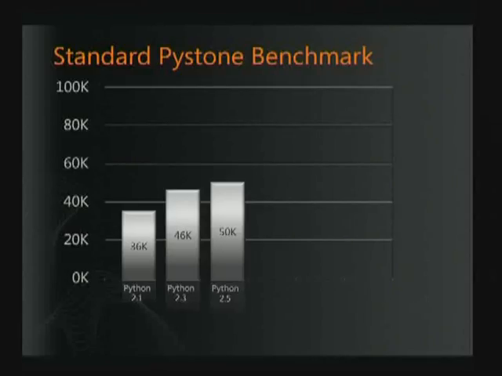So let me get to some of the benchmarks. Python as a whole has been improving in performance. Here I'm showing you the PyStone benchmark, which is effectively the Dhrystone standard performance benchmark implemented in Python, used to test various Python implementations. Python as a whole has been improving pretty well.